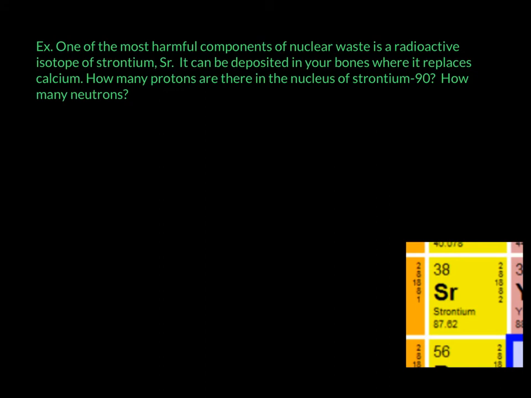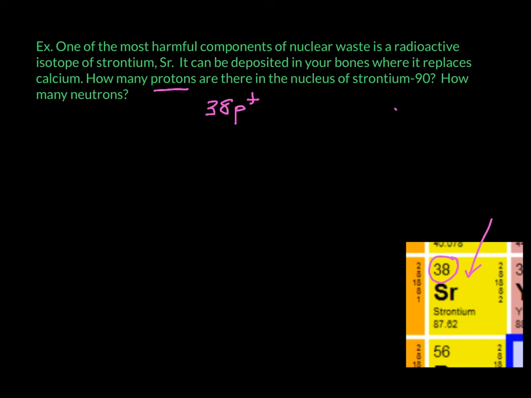One of the most harmful components of nuclear waste is a radioactive isotope of strontium, which is Sr. What happens is it gets deposited in your bones and it replaces the calcium. So how many protons are there in the nucleus of strontium-90? Well, we find strontium on the periodic table and we find its atomic number is 38. So the number of protons is 38. How many neutrons?